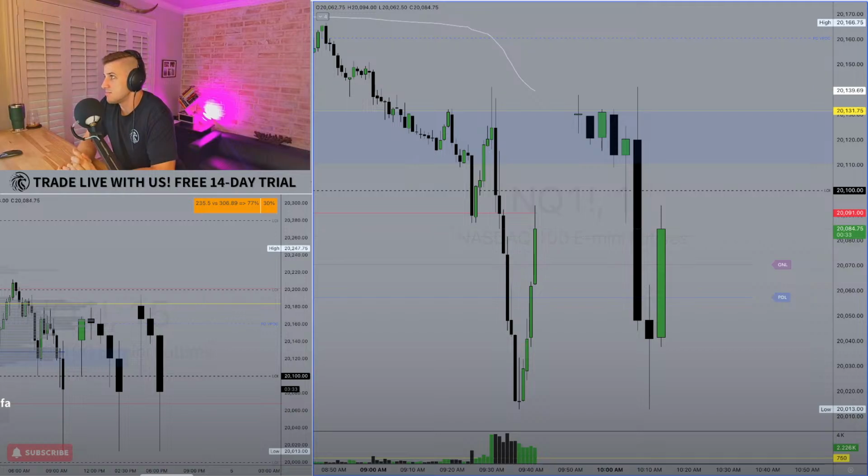No entry that I saw personally, unless you're just grabbing the low for an intraday reversal. So let's see if buyers can now defend this prior day low area.